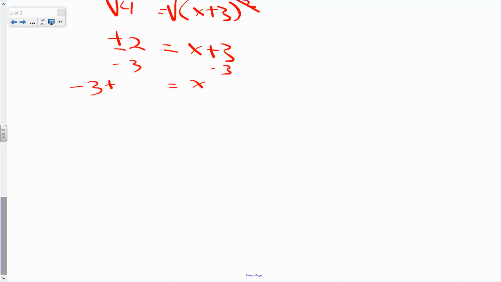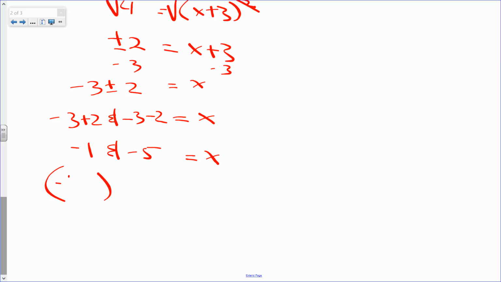Negative 3 plus and minus 2. Right? Which is really negative 3 plus 2 and negative 3 minus 2. So x then is negative 1 and negative 5. Which means negative 1, 0, if we're going to plot the points, and negative 5, 0.